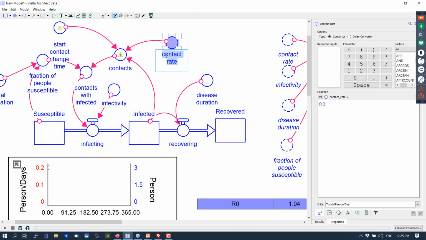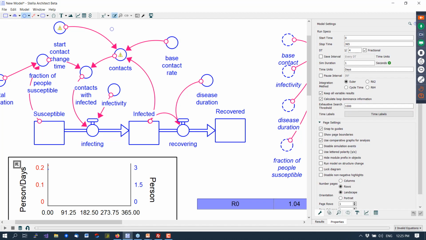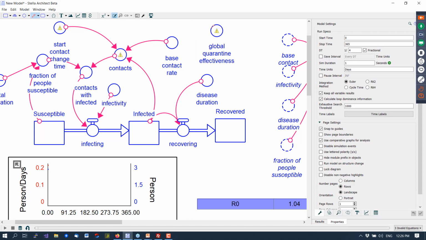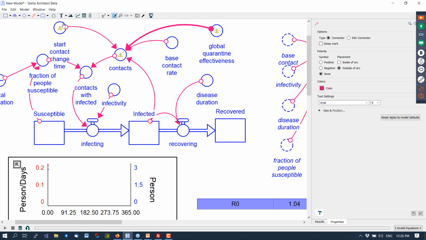And I'll call this the base contact rate instead of just the contact rate. And then our global quarantine effectiveness will tell us how much we've managed to reduce the contact rate.